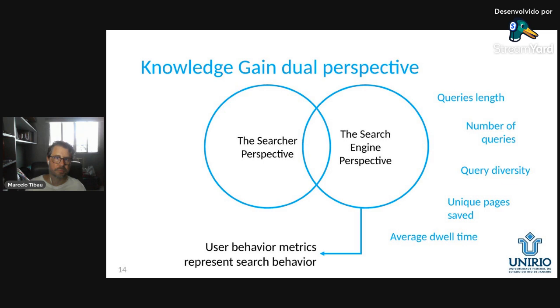Back to the dual perspective, knowledge gain is used at work by using user behavior metrics to represent search behavior. Metrics like those here as examples.